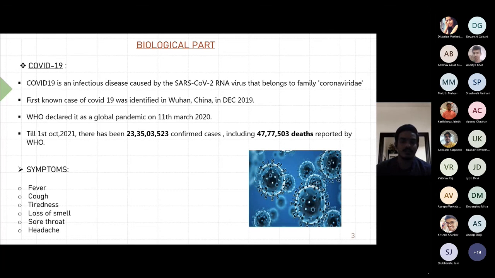Till 1st October 2021, there have been 23 crore 35 lakh 3,523 confirmed cases, including 47 lakh 77,503 deaths reported by WHO. Symptoms of COVID-19 are fever, cough, tiredness, loss of smell as major, and sore throat, headache as minor.